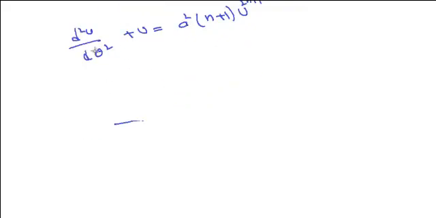Now we have the differential equation of the orbit, which is F over h²u², and this is equal to d²u/dθ² + u. We put the value of d²u/dθ² here.